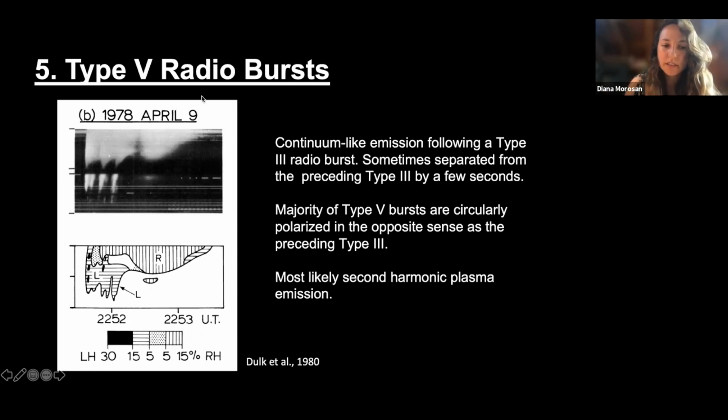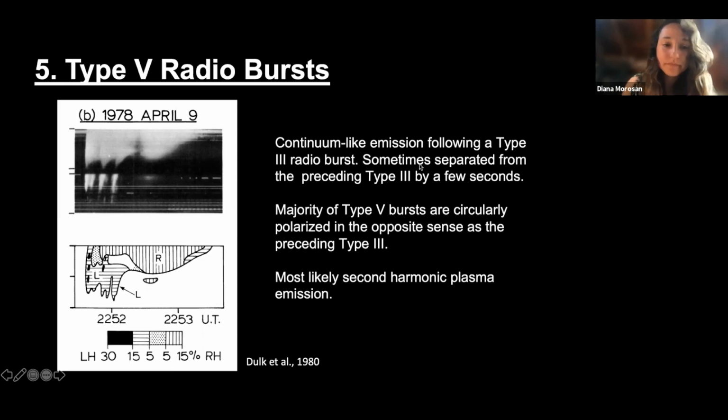And this fuzzy continuum that follows a type 3 burst, that's called a type 5, could also be a bunch of type 3 bursts that are not resolved. So we don't really know. If anyone here hears of anyone studying type 5 bursts, let me know. I'd be curious to see what they look like with modern instrumentation.